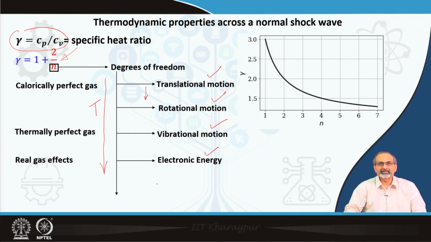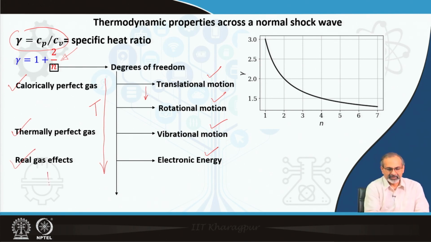And as they get excited, we understand that the behavior of the gas changes from a calorically perfect one to a thermally perfect one, followed by real gas effects or high temperature effects, which occur when we have a reacting gas.